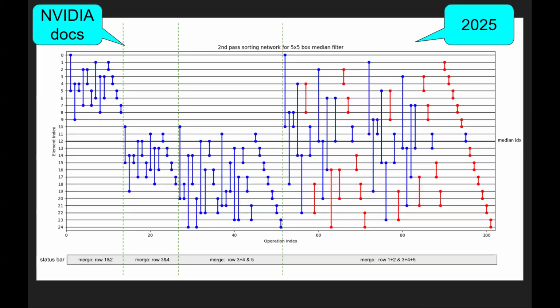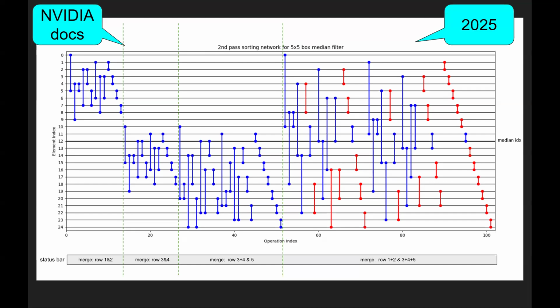So, 2025, I keep reading people who compute the median of 25 using networks. These are the NVIDIA docs. They say how to do it on their GPUs. And they give this comparator network, and I was looking at it, wow, that's a very small network. Look at these red ones, you can even cut away, they say, so it's only the blue ones.